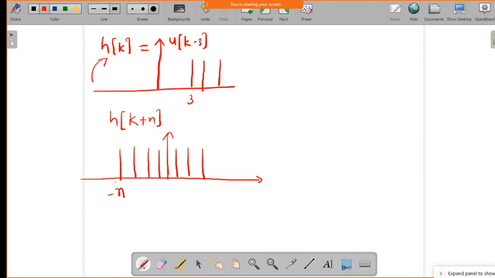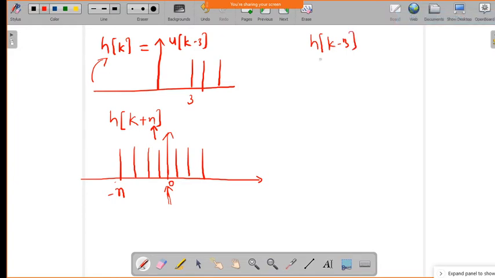Now I need to find what is the value of n. Say for example, if I substitute the value of k in u of k minus 3, when n becomes equal to 3, then you will get the signal at the 0th position. So your h of k is h of k minus 3.